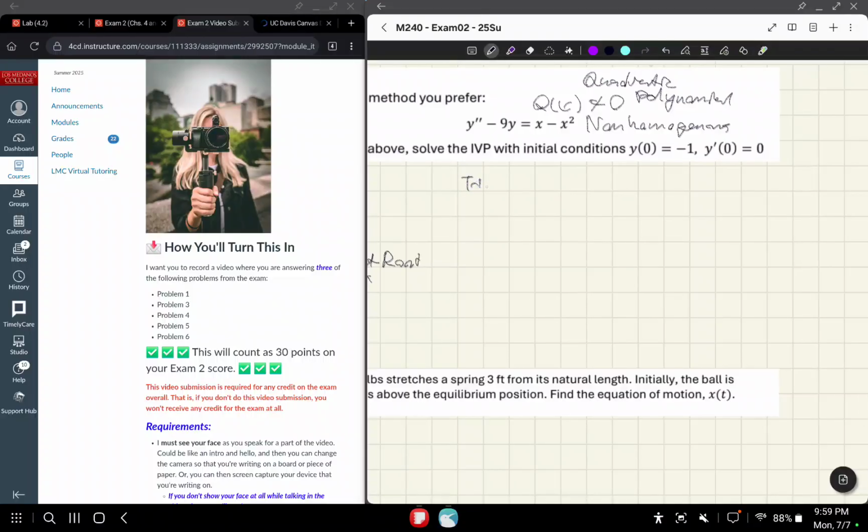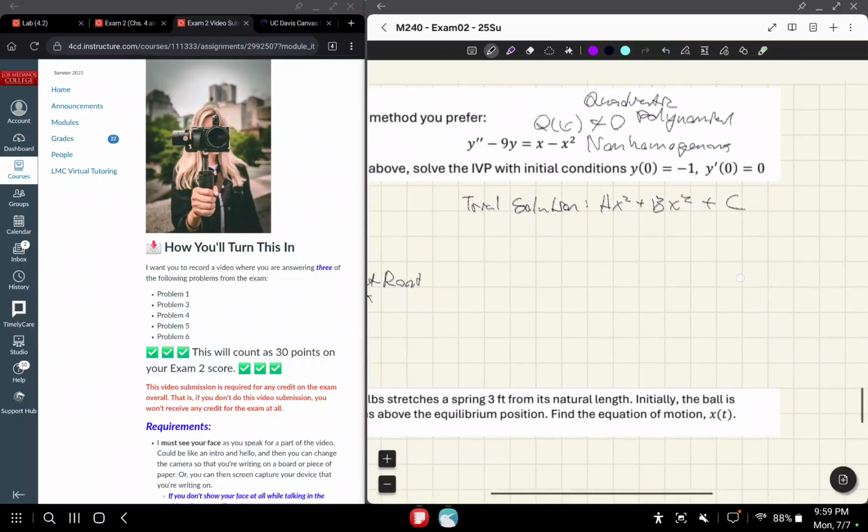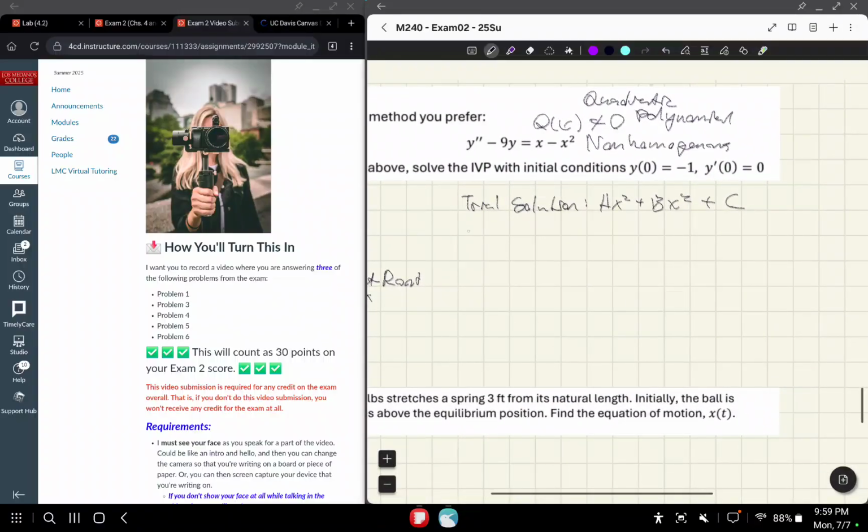To solve for y sub p, we need our trial solution. This is a quadratic polynomial, so it will be ax squared plus bx plus c. And we'll do that. So we need to first find the first derivative.